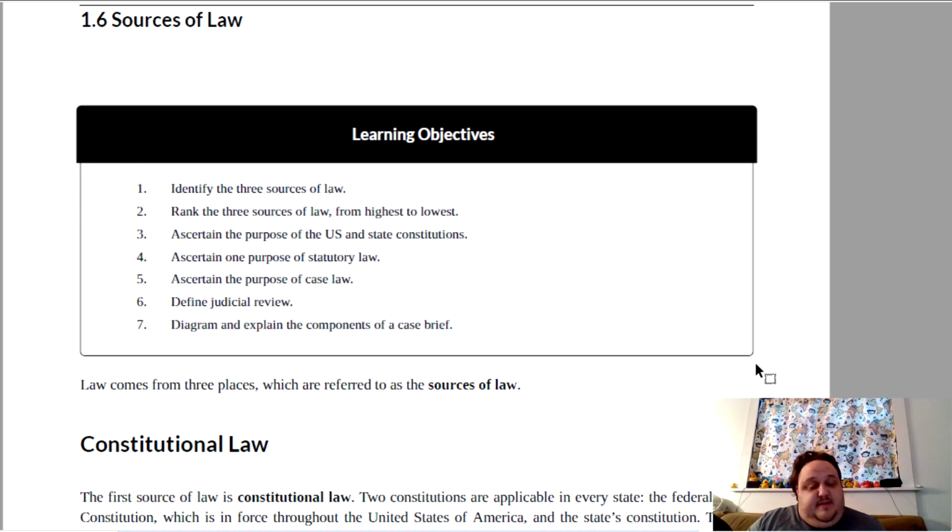All right, and then the last section of this chapter, before I talk about what else is cool about this textbook that you'll get. So the sources of law, and this is like the first 3 weeks of Intro to Criminal Justice, just sources of law, because there's so much.